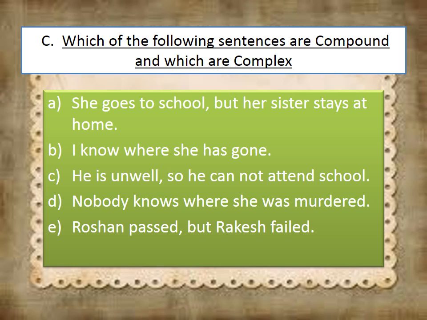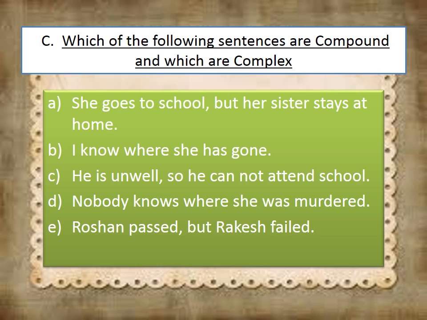Now let's start the exercise. She goes to school, but her sister stays at home. Students, you know that this sentence consists of two independent clauses, and these two independent clauses are combined with the help of but, so it is a coordinating conjunction. Now sentence B. I know where she has gone.